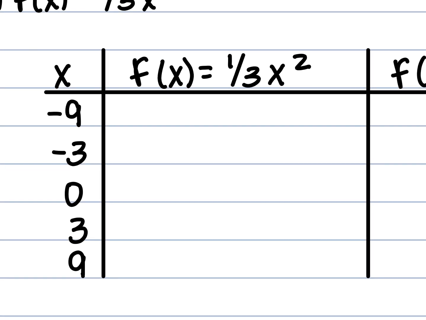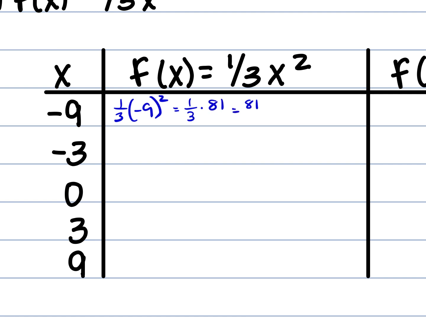First, we're going to plug in negative 9. So we have 1/3 times negative 9 squared. What's negative 9 to the second power? Negative 9 times negative 9 would be 81. So we have 1/3 times 81.